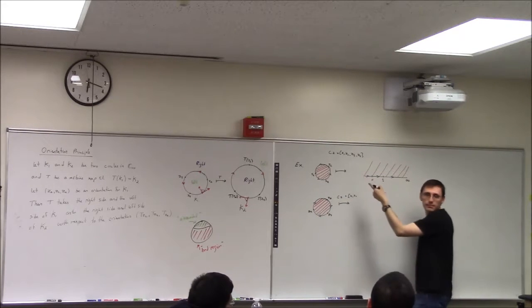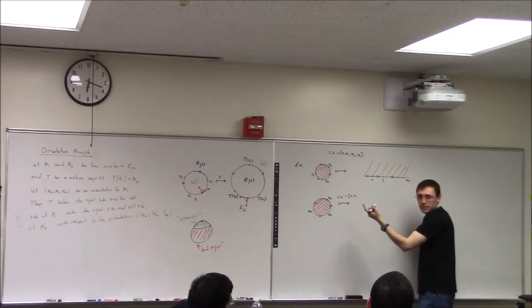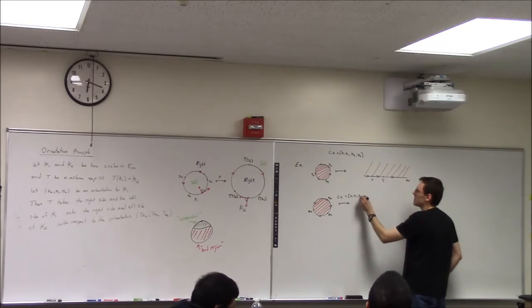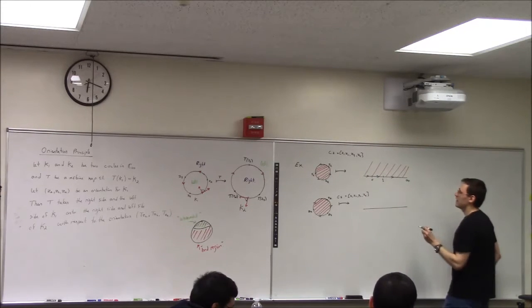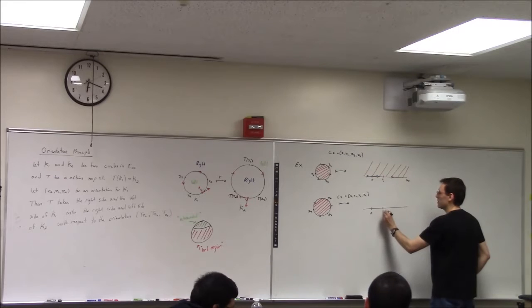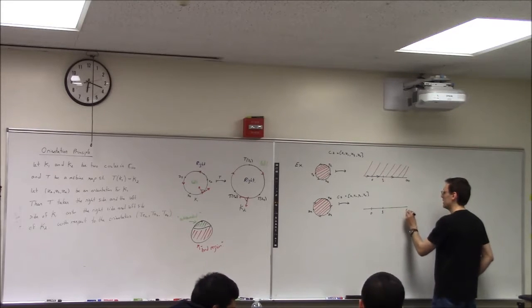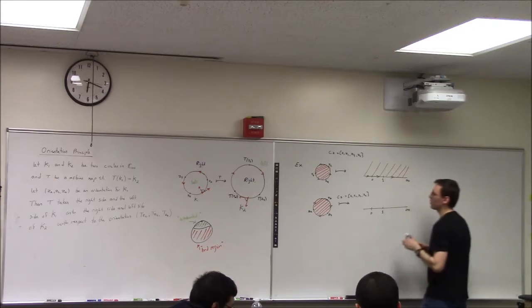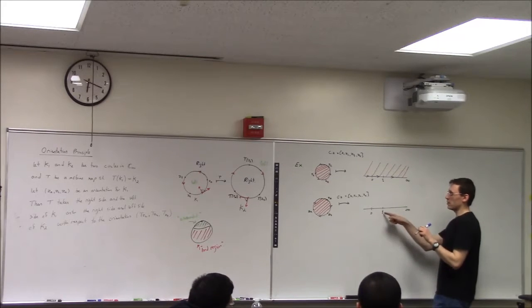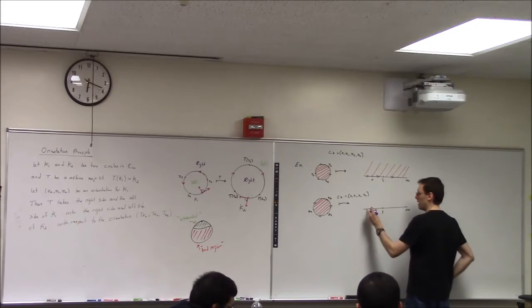Well, it's not the same, because I have different points: Z2, Z3, Z4, and again we have 0, 1, and infinity. And again, the blue curve moves first to 0, then to 1, then to infinity. So again, we have this.